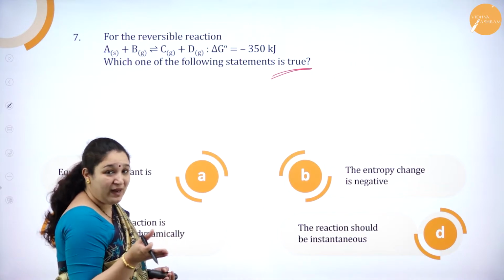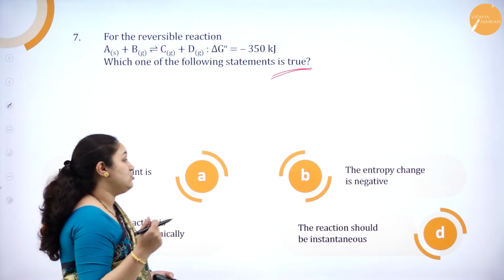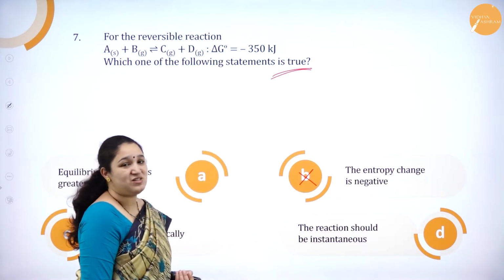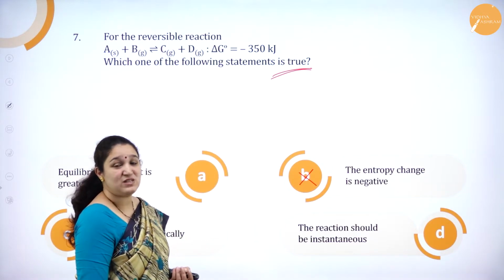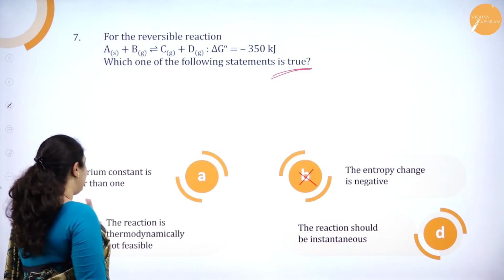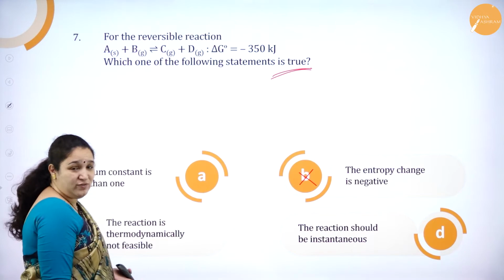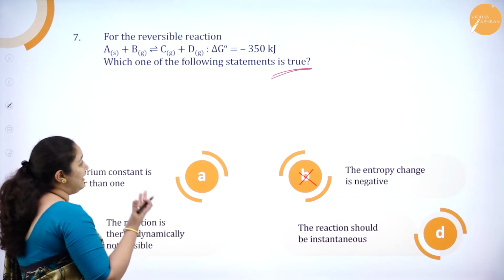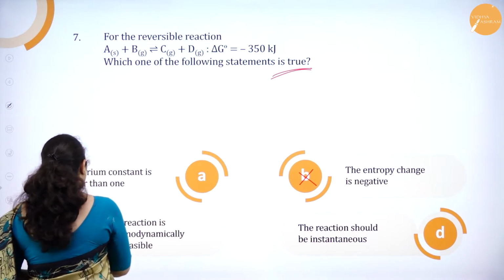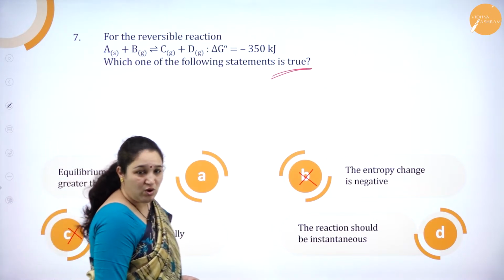It should be more. Will it be negative? No. So option B is wrong. Entropy change is not negative, because randomness is increasing here. Okay. Then the reaction is thermodynamically not feasible. If it is not feasible, delta G naught value wouldn't have been negative. It's a spontaneous reaction. So this statement is also wrong.